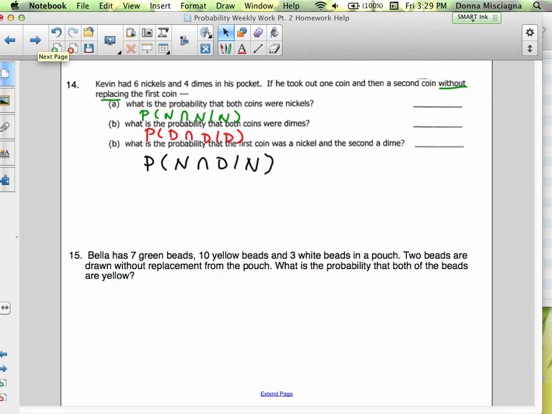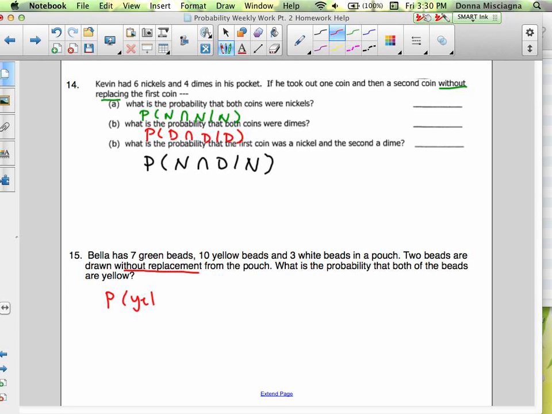Bella has 7 green beads, 10 yellow beads, and 3 white beads in a pouch. 2 beads are drawn without replacement from the pouch. What's the probability of the beads both yellow? So probability of yellow, favorable yellow beads over total beads, times, and this always means multiply, because we have 2 events, she's picking 2 beads.